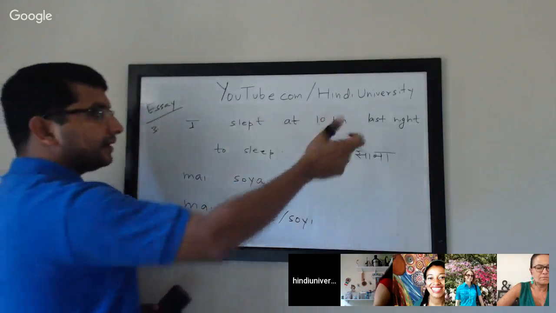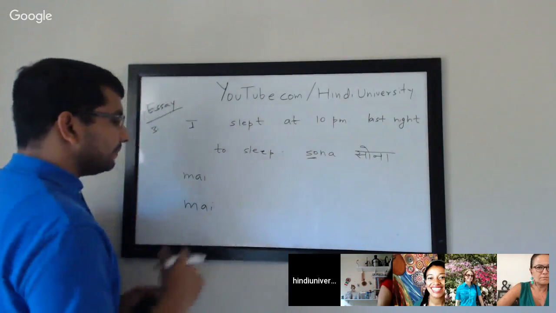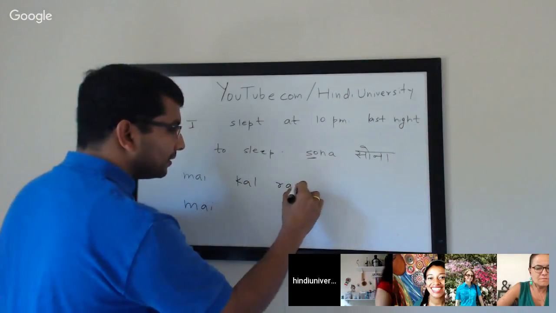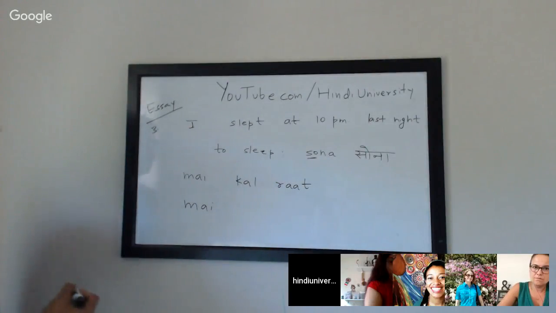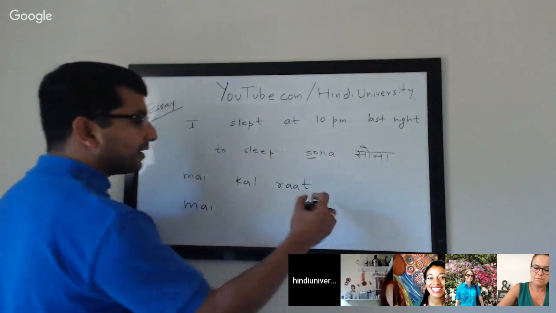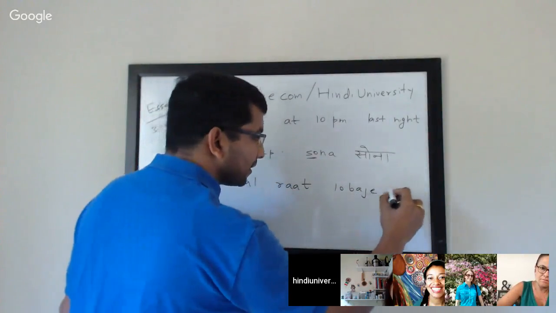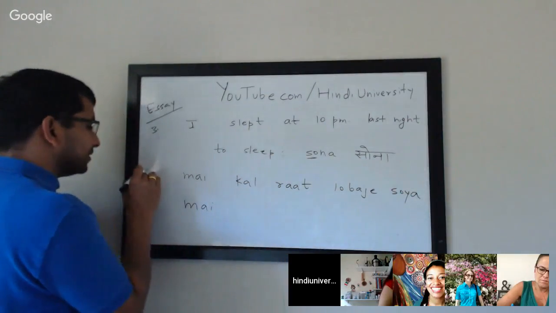Now you want to say at 10 p.m. last night. So you can say मैं कल रात, night is रात, and morning is सुबह. That's what we used in the last example. So मैं कल रात 10 बजे सोया. Okay, for a masculine singular.